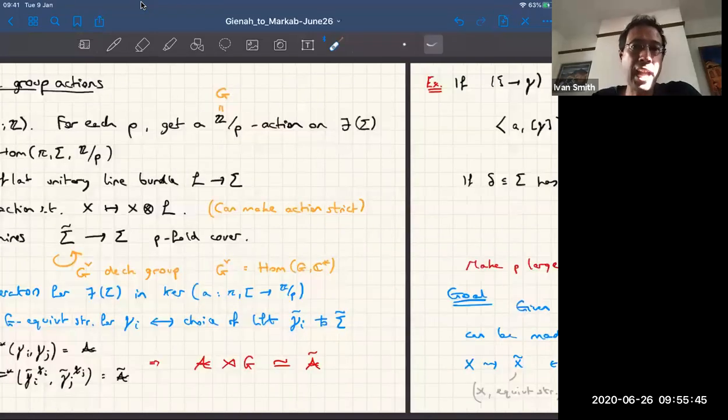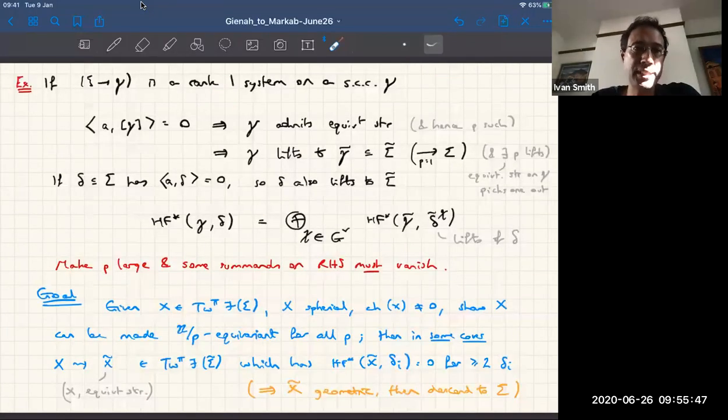Okay, so if I have a rank 1 system on a simple closed curve gamma, so if A evaluates on the homology class of gamma to 0, that's saying that gamma admits an equivariant structure. So in fact, it admits P different such, differing by characters of the group, and correspondingly gamma admits a lift to this cover, and of course it then admits P different such.